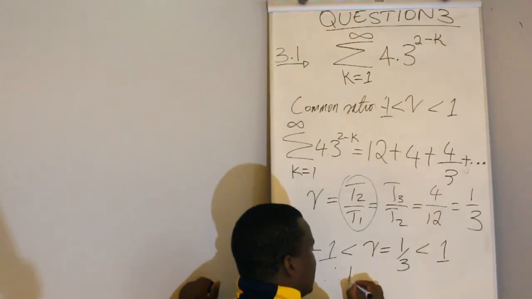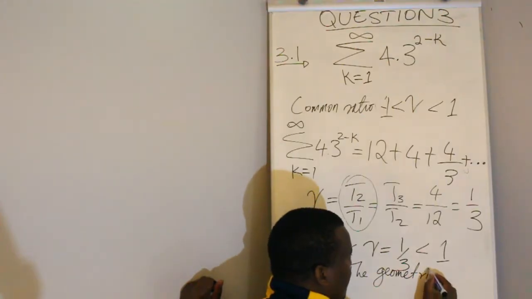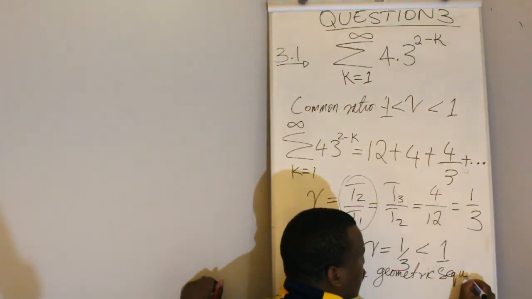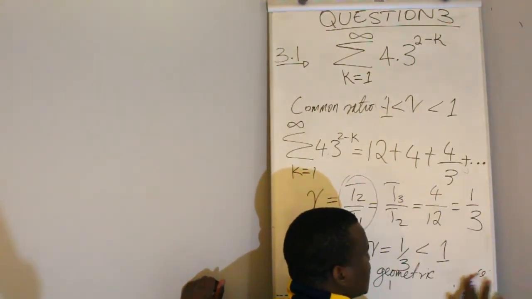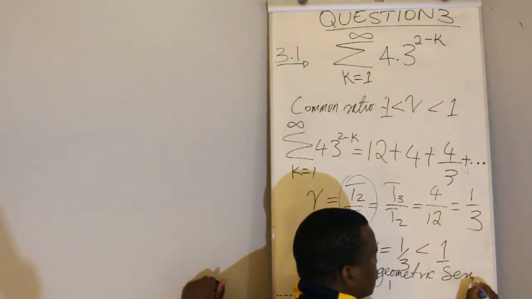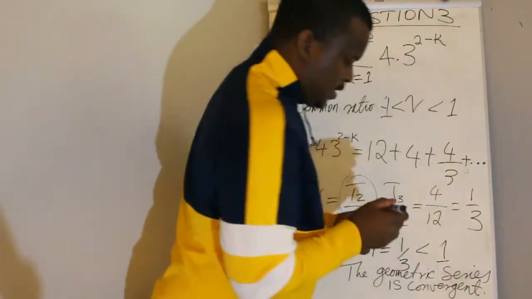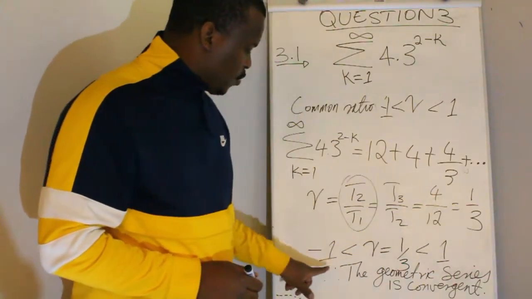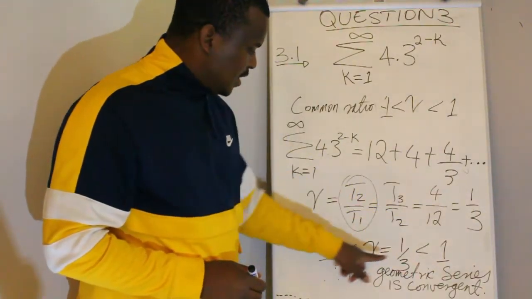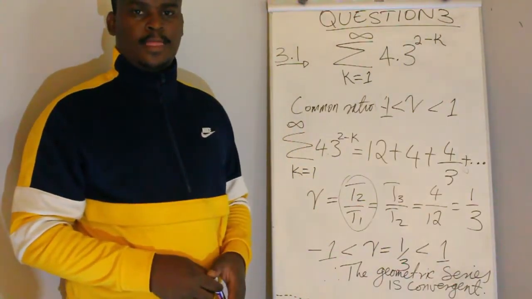Therefore, the geometric series is convergent. So your R, which is 1 over 3, is greater than minus 1 and less than 1. Therefore, this series is convergent. We are done with this. That's what they wanted you to see.